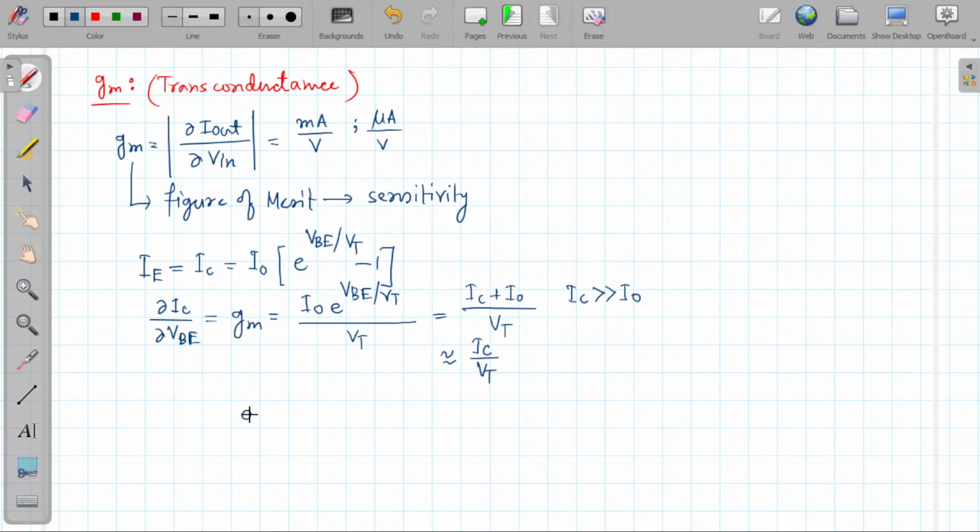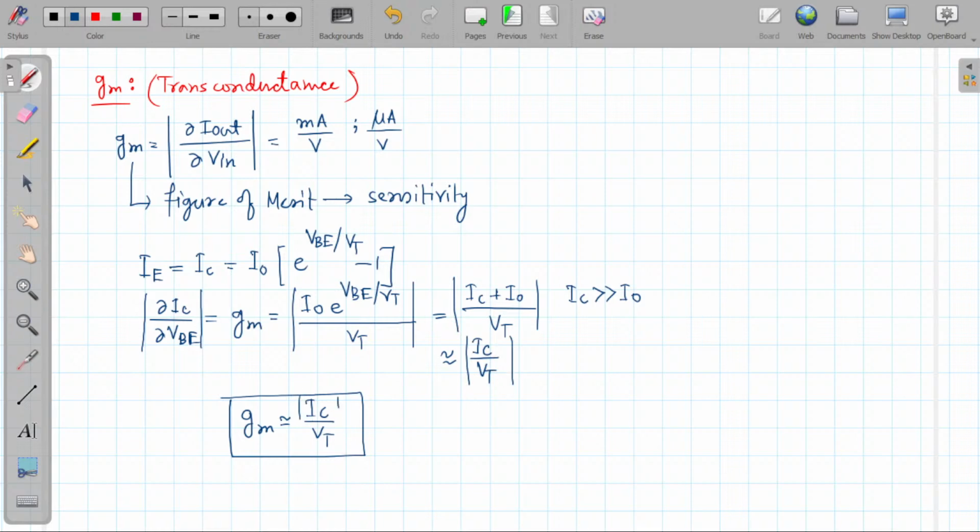This is the value of the transconductance of the bipolar junction transistor, and this value will be needed in the re model. And this GM value is always positive because there is a mod of IC, so the GM value will always be positive.